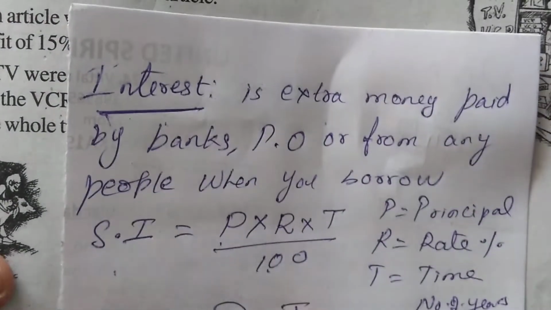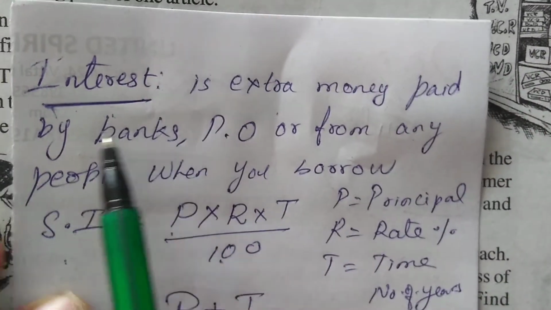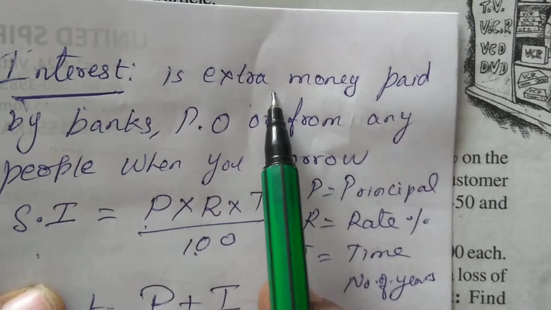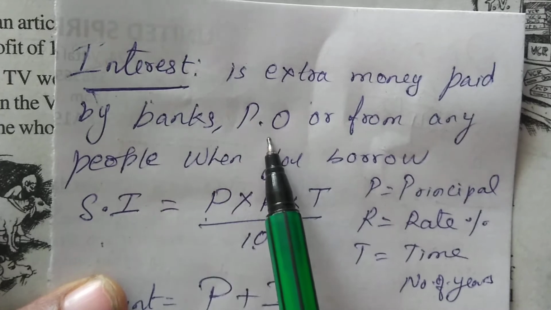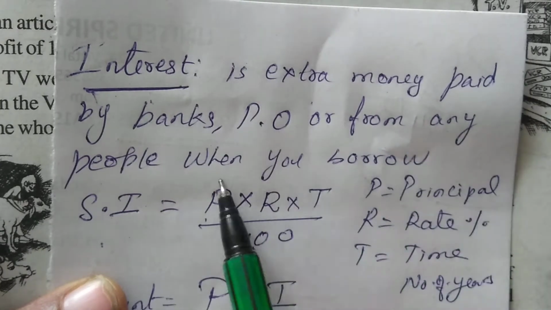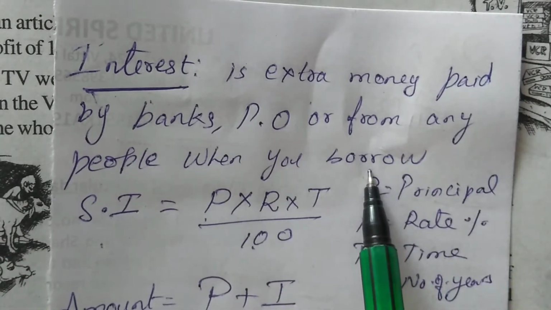First, what is interest? Interest is extra money paid by banks or post office or from any people when you borrow. That is called interest.